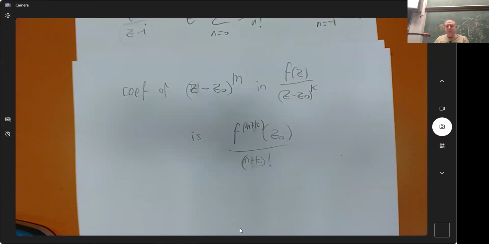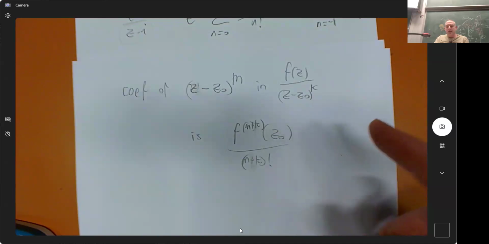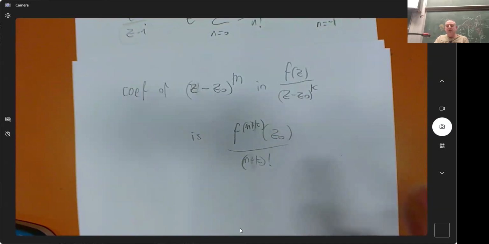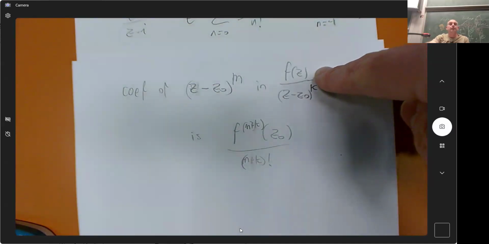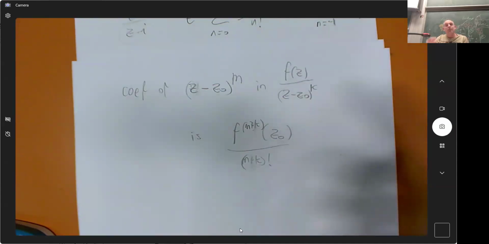So if I wanted the coefficient of z minus z naught to the power of minus 1, then I would need to go to the k minus 1 coefficient of the numerator. Because when I divide by z minus z naught to the k, I'll be left with a minus 1 power.